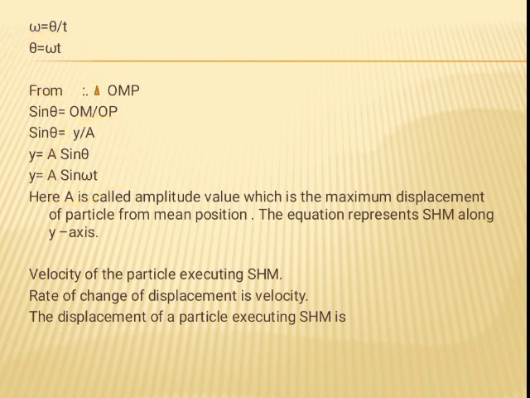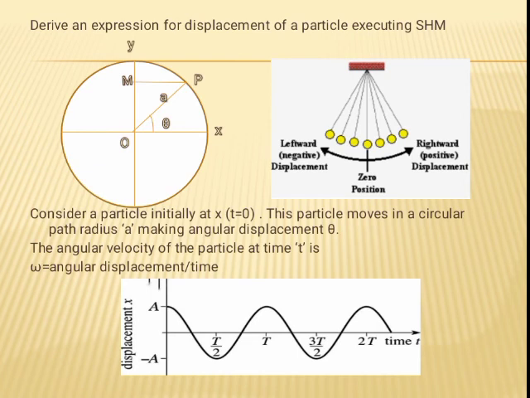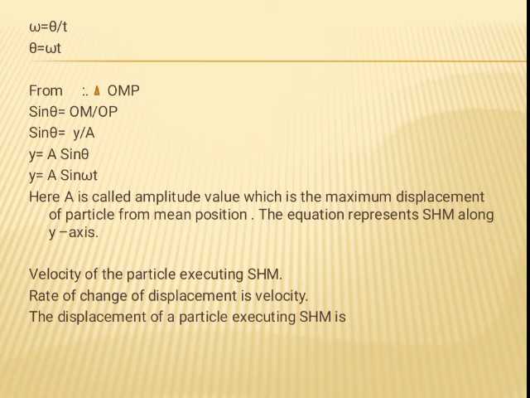It is omega t. Now children understand, this is the expression for your displacement. It is the displacement of a particle executing simple harmonic motion. So this is your equation, y is equal to A sin omega t.